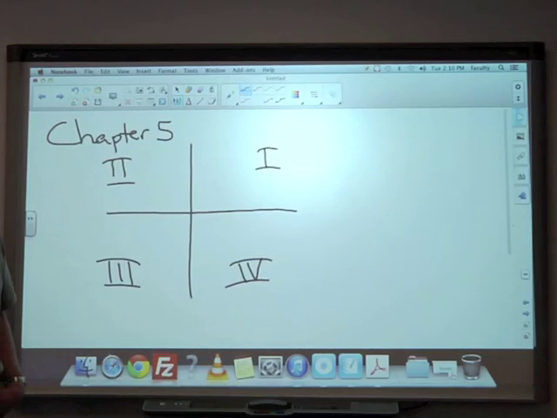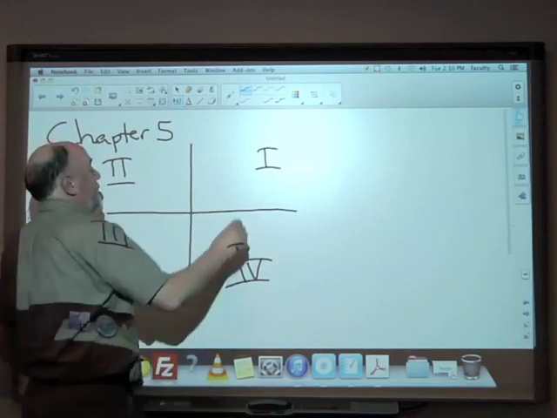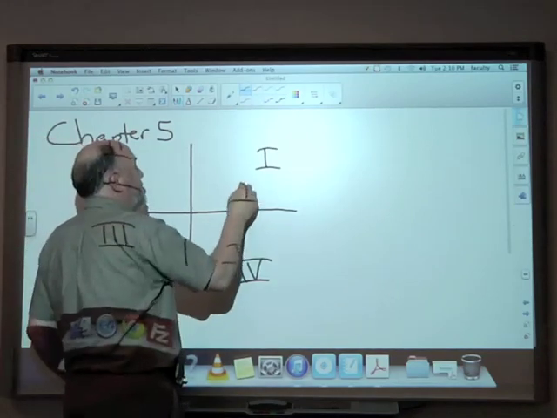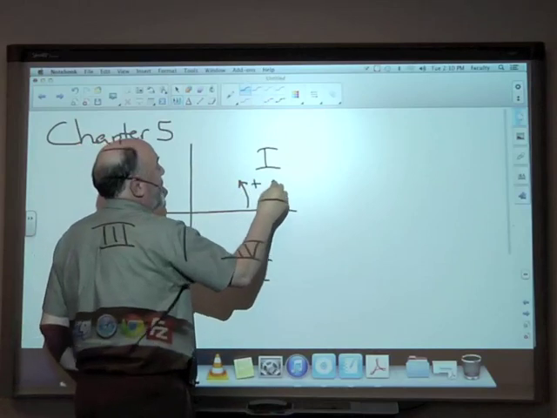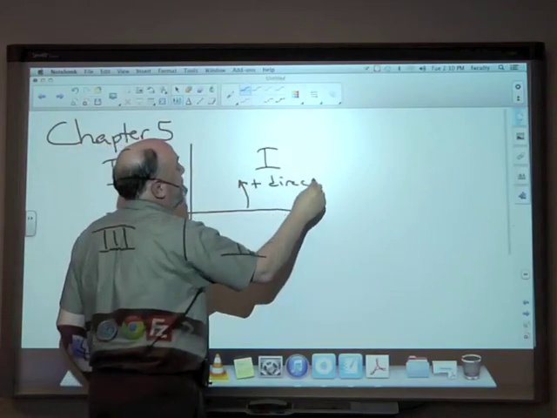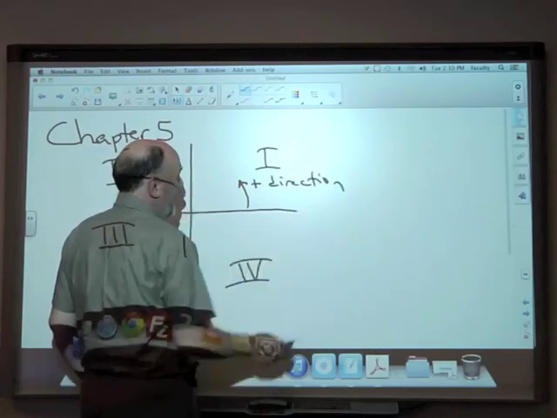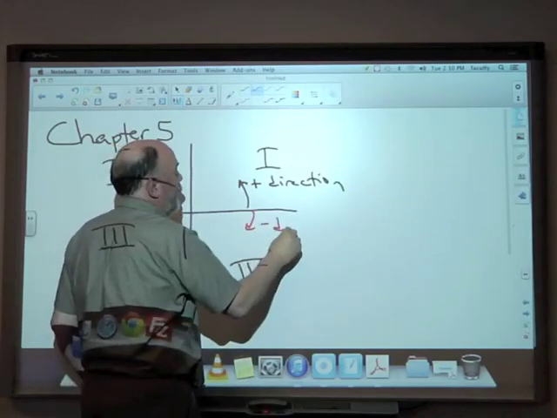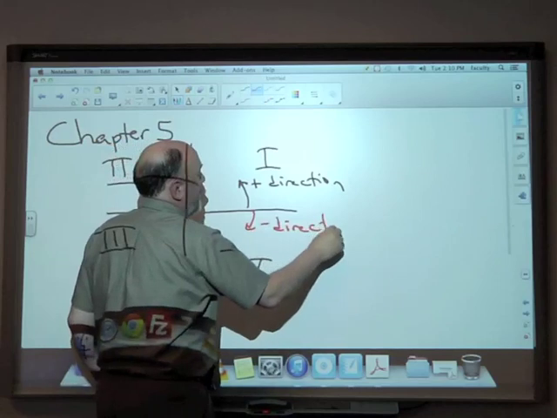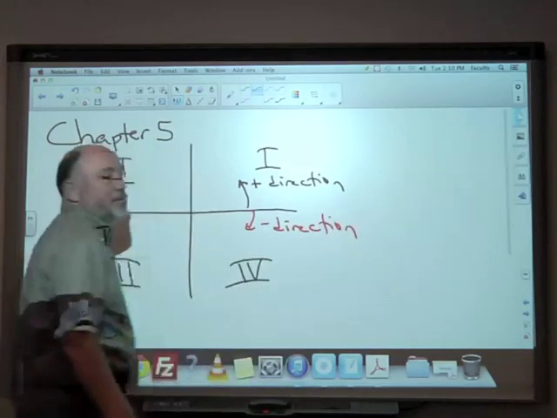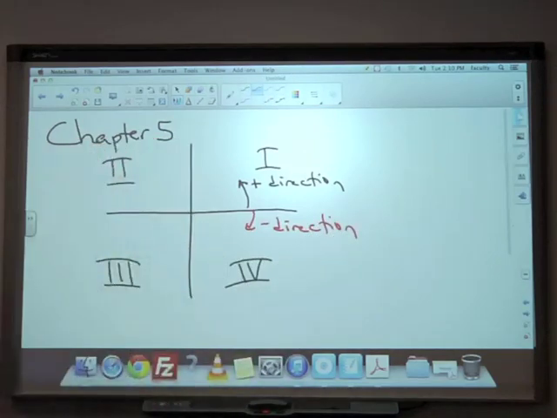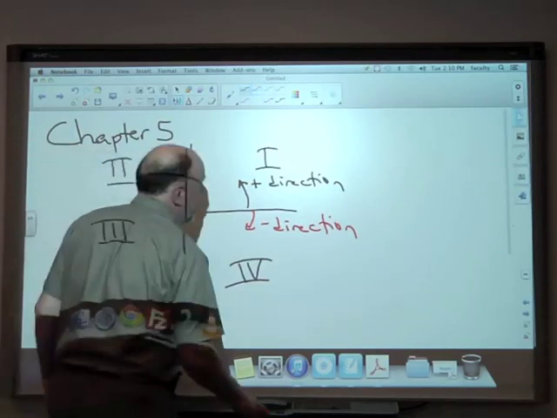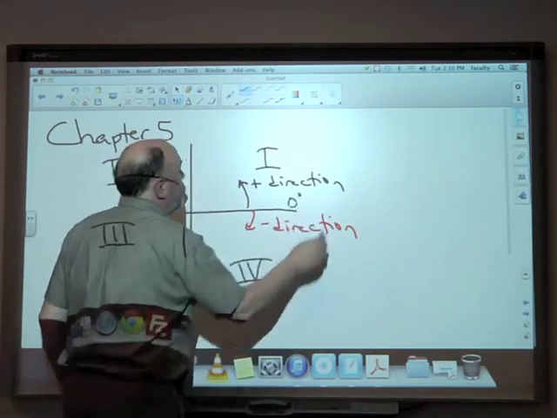In terms of angles, if you go in this direction, this is the positive direction. And if you go this way, this would be the negative direction. If I work my way around the quadrants in terms of degrees, this is going to be 0.